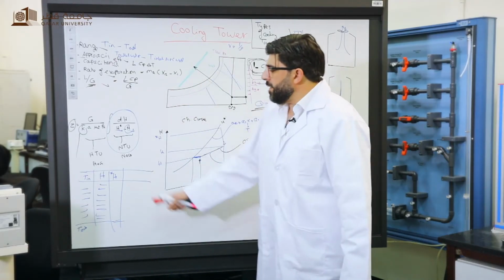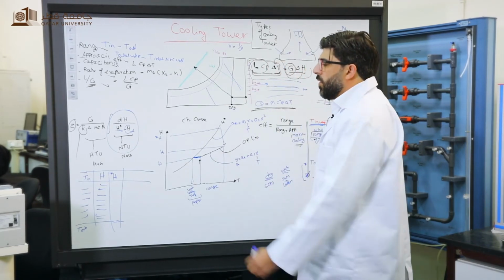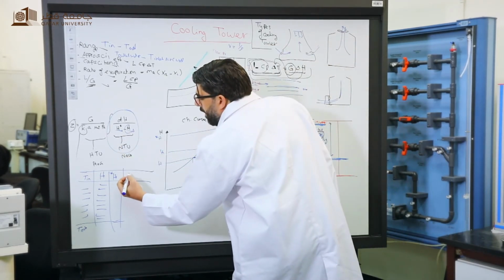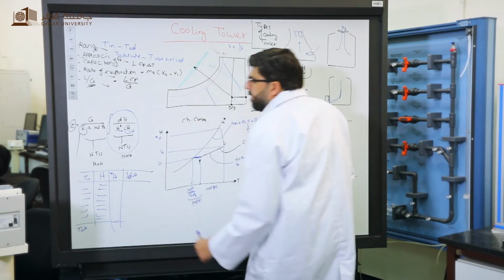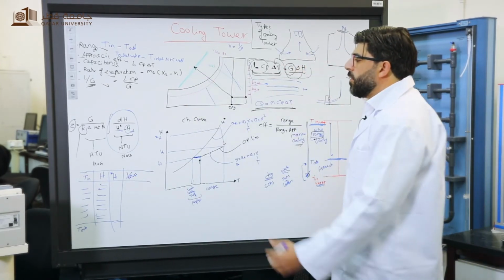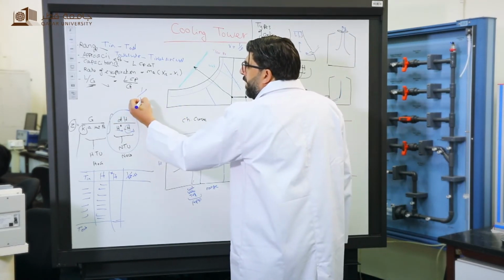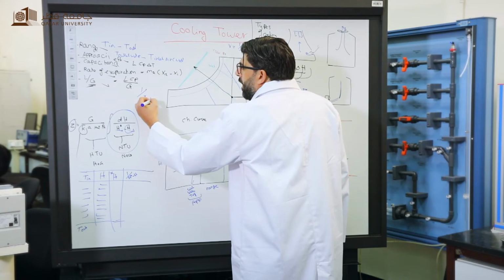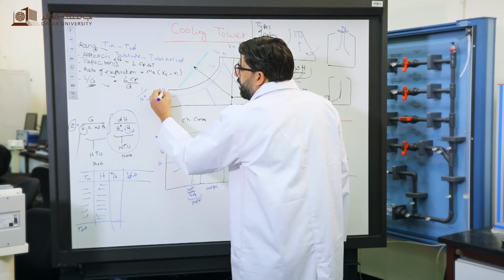Now H is calculated, H star is also calculated. So you can find 1 over H star minus H, because you want to integrate this one: 1 over H star minus H times dH.